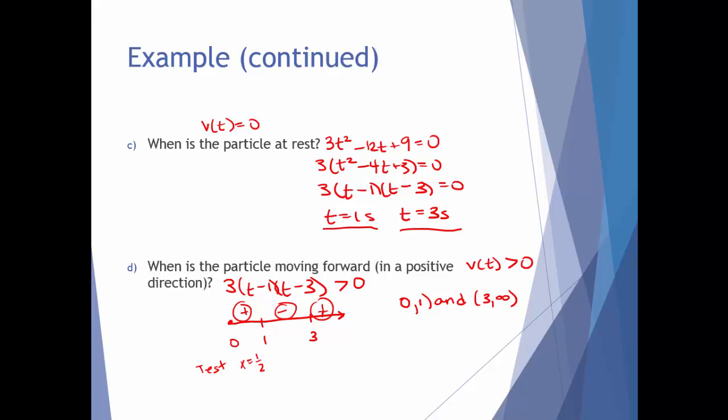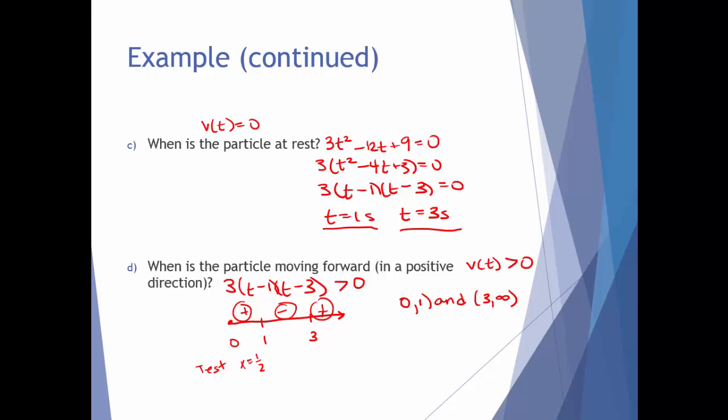And notice for most of these I have parentheses because again this is not or equal to 0. The one place I need to just give a quick look at is at t equals 0. Is this particle moving in a forward direction? Keep in mind most of these particles are not at rest when they begin. They're already moving.